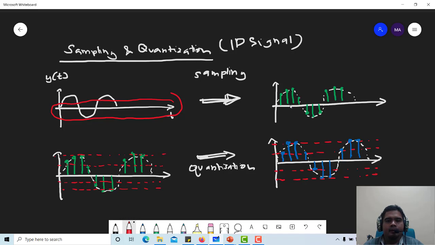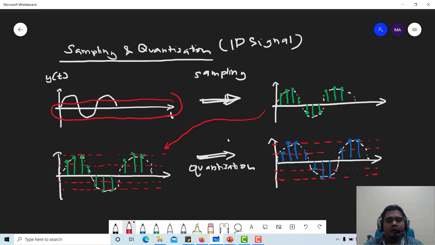That is sampling. So how about quantization? Quantization is the process where, after you apply sampling, this signal will go into this part. This is the same signal, you don't have to worry about it. Now what is quantization?